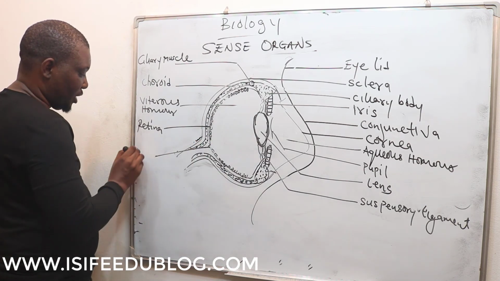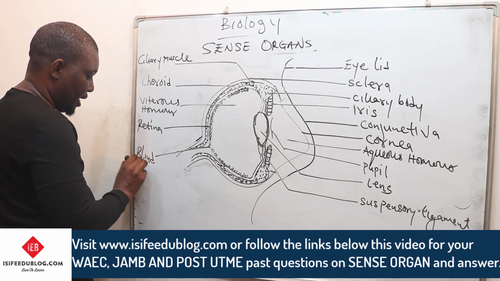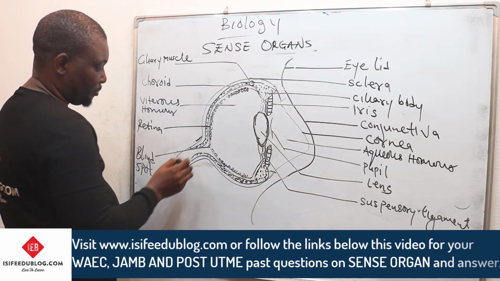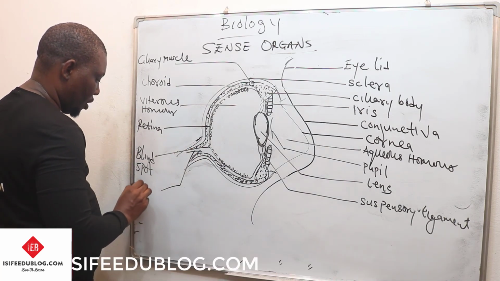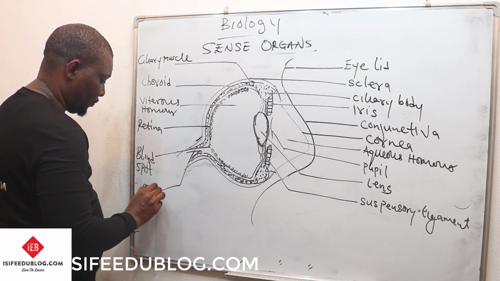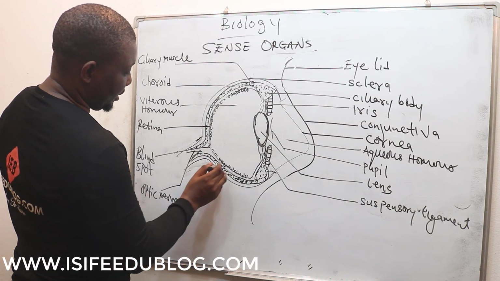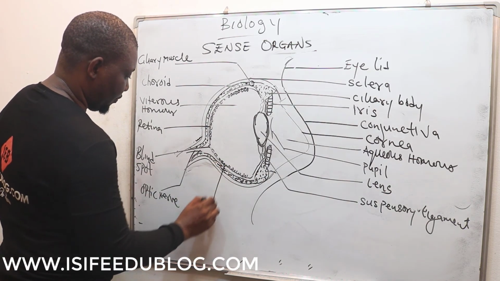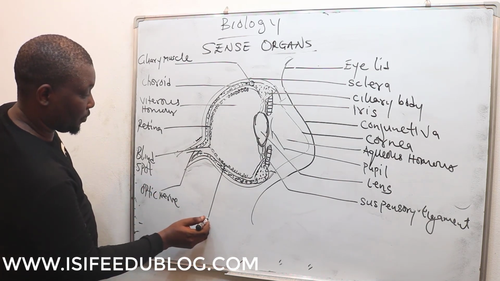This part is called the blind spot. So this place is rich in nerve. So this is optic nerve, and then here is fovea. Make sure it's horizontal. Fovea.